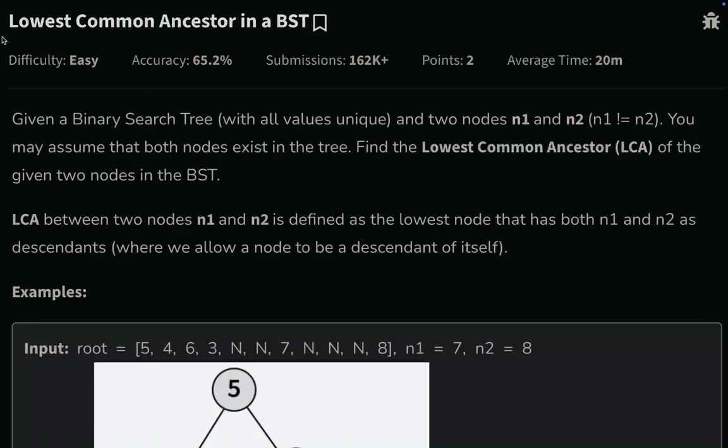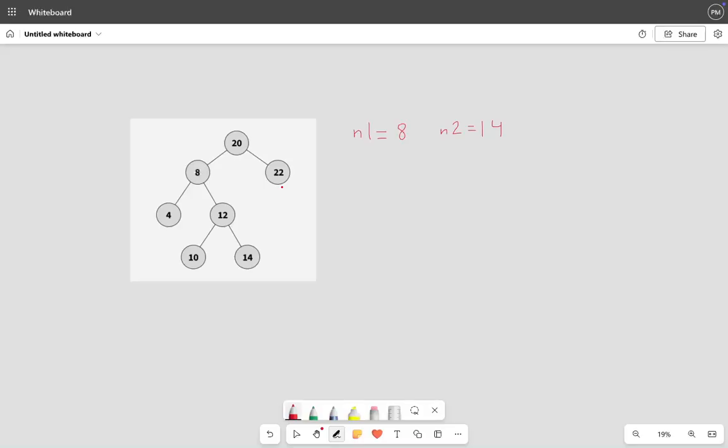I hope you got to know what LCA is. Now let's build the approach. I have been given this tree and these nodes. First of all, N1 and N2 are not values, they are nodes.